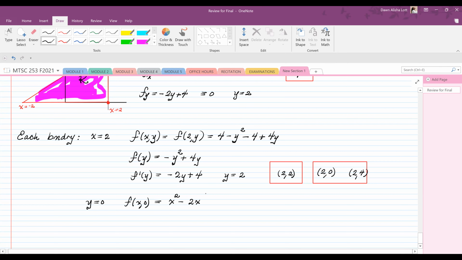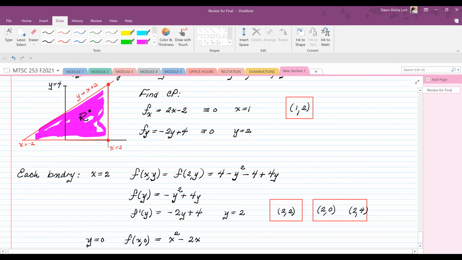Take the derivative: 2x minus 2. Set that equal to 0 and you get x is 1. So now you have the point (1, 0).